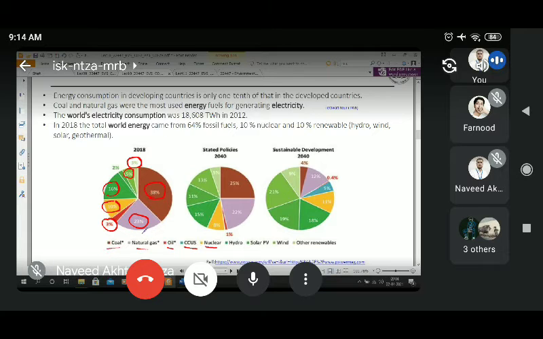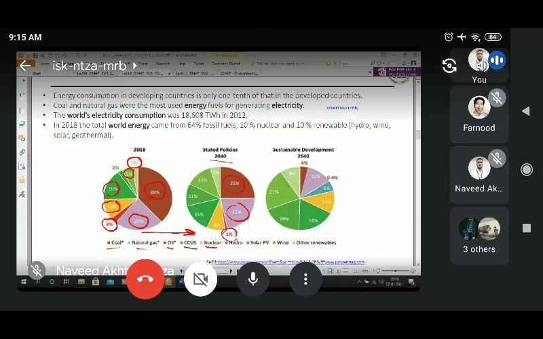From this pie chart, you will project the pie chart for the future with the current trends we are using. You can see in 2040 our coal use will be reduced to 25%, and natural gas will reduce by 1%, that is 22%, and the oil will reduce by 1%.